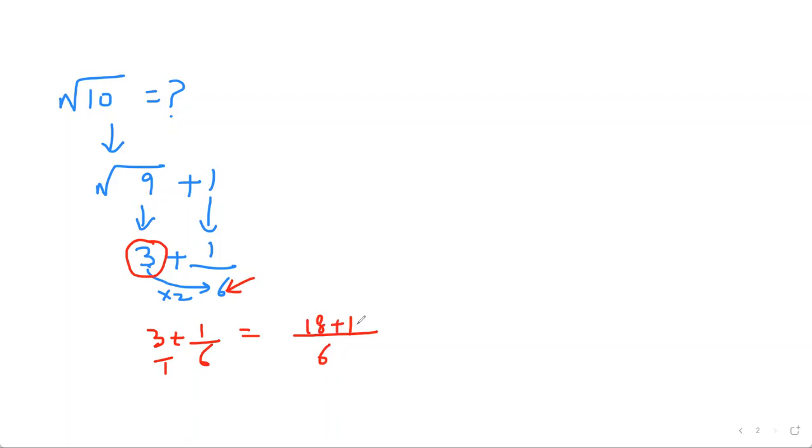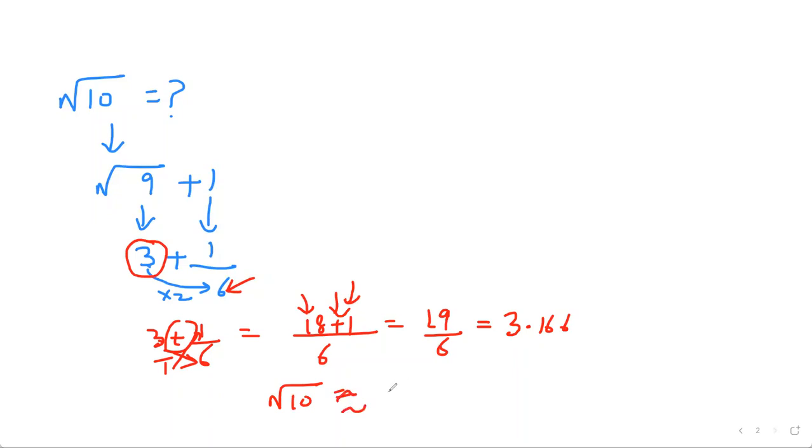If you don't know how to take LCM, then you can simply find the value using cross multiplication. 3 sixes are 18, right, here 18. 1 one is 1, right, here 1. And here it's plus, so here it's plus. So 19 upon 6. Approximate value is 3.166. It means the value of root 10 is approximately 3.166.